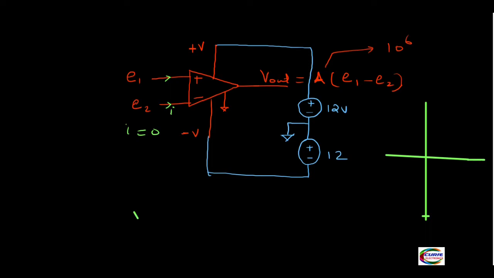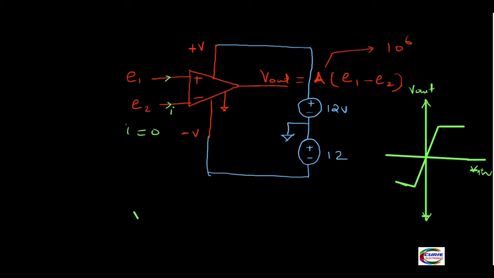This is V in, and this is V out. This is the characteristic curve of an op-amp.